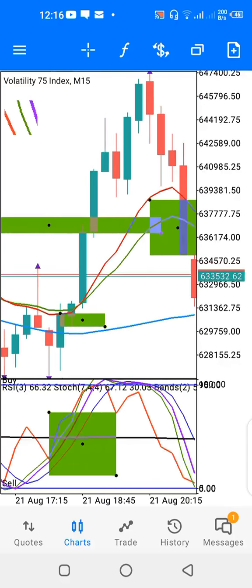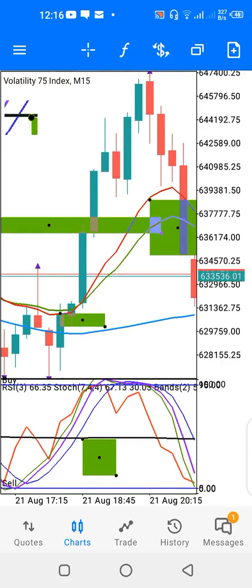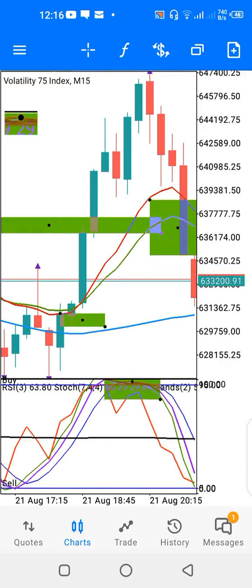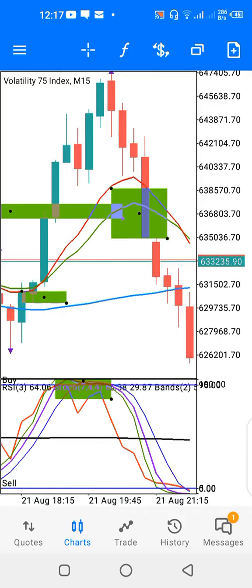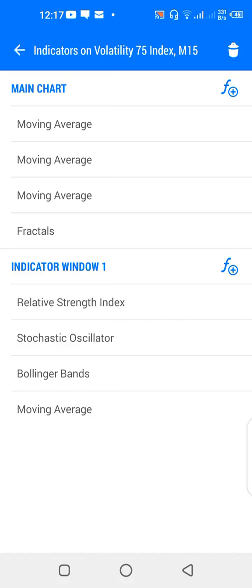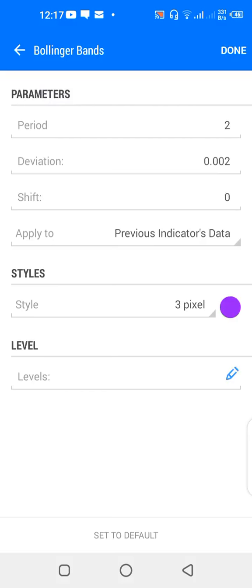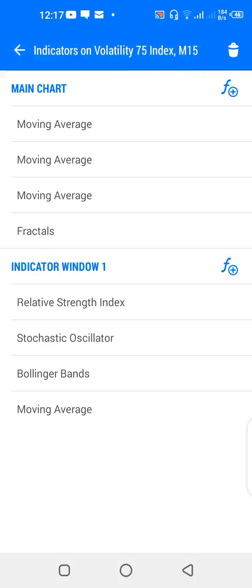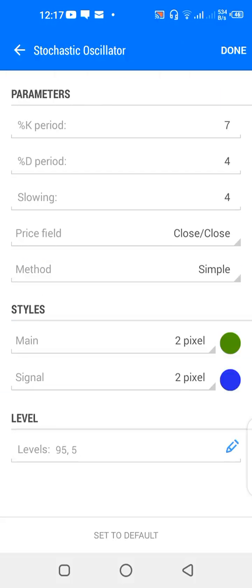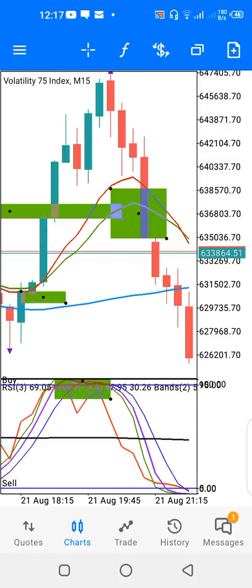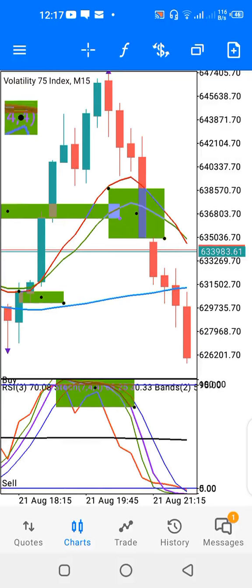For indicator window 1, the Bollinger Band is the purple line, and the stochastic oscillator is the green and the blue lines. If the Bollinger Band and the stochastic oscillator, the three lines, get to the top, you start to look for short opportunities.